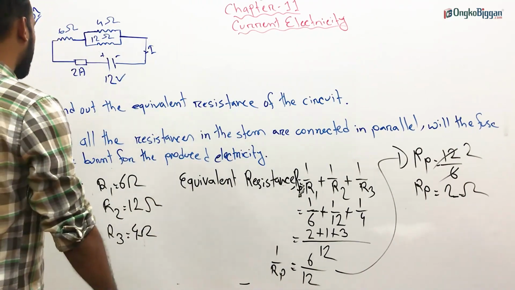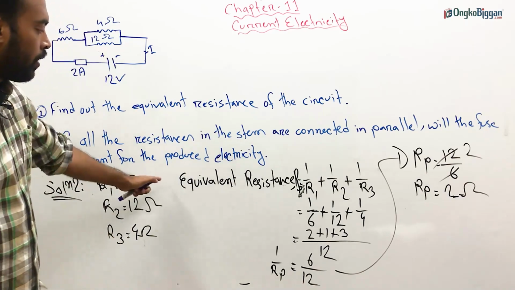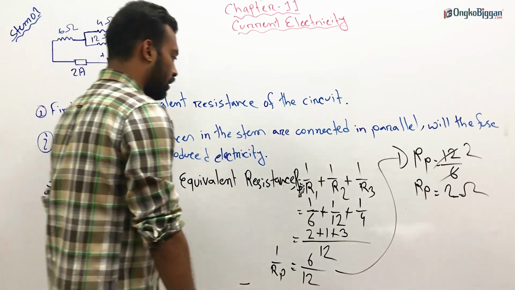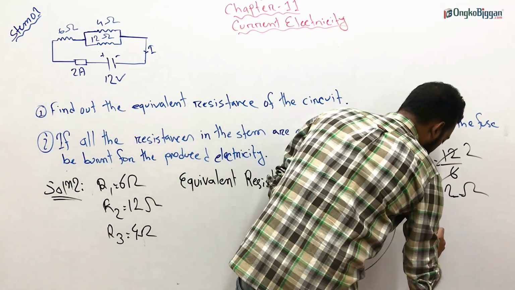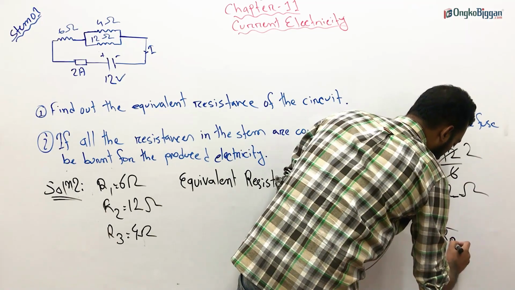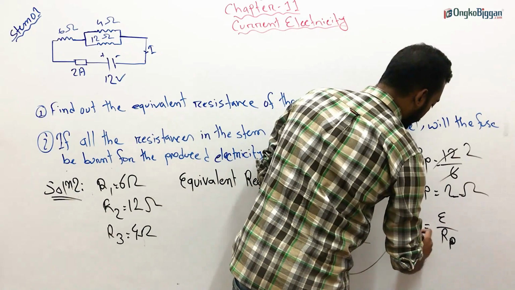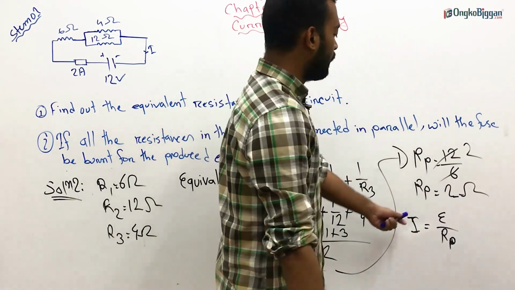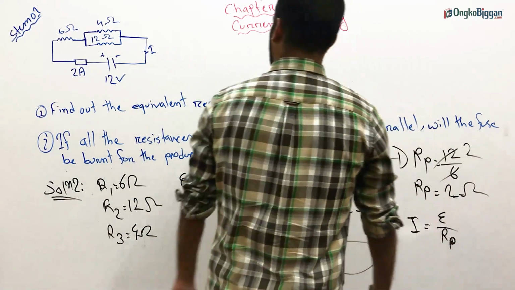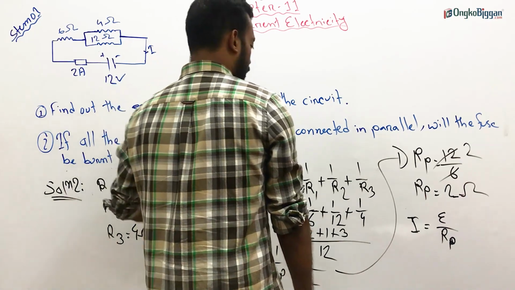Now we have to check whether the fuse will be burnt because of the produced current. For that we will use I is equal to E by Rp. This is the same formula that we learned in the theory section: to find the current, we divide the given potential, which is 12, by the resistance.